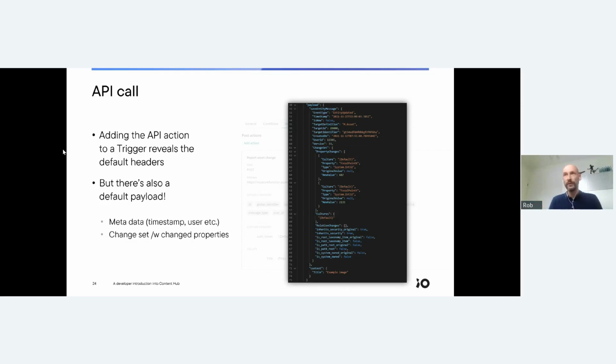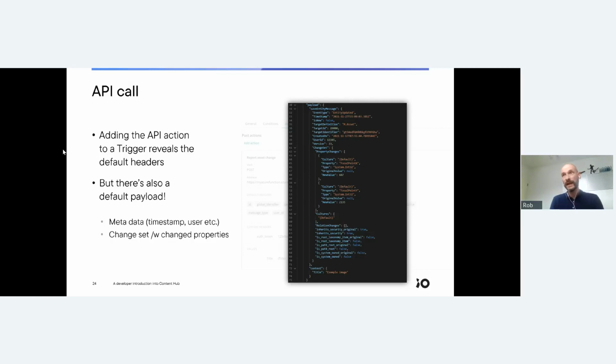And in this example on the right, you can see that in my customization on Content Hub with the focal point cropping, each time I change the focal point in the user interface, which is JavaScript, I save it to the data model, to my custom schema, and that schema includes a focal point X and a focal point Y coordinate.